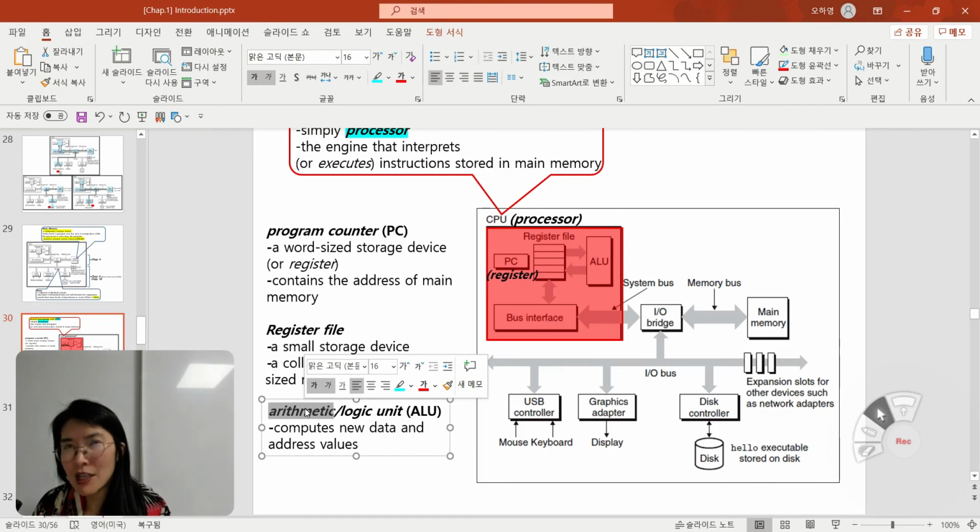Arithmetic operations such as addition, subtraction, multiplication, and division, right? So similar to the brain, the CPU, specifically the ALU, can compute new data with arithmetic operations, with the address values concept. All right.